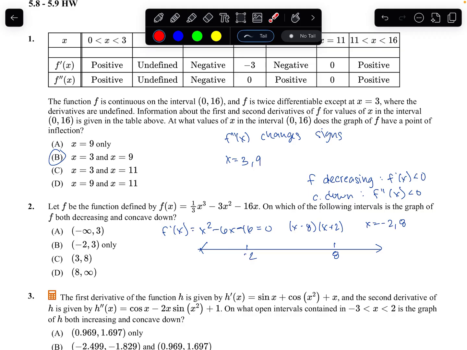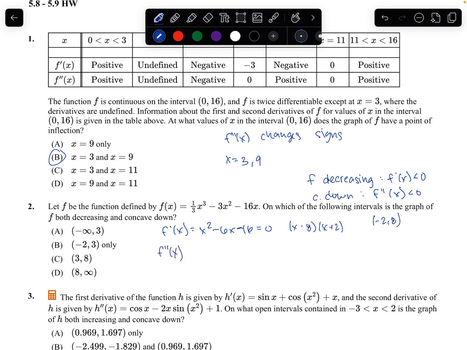It's maybe a little bit of an assumption because it could look like this right here where there could be shelves, but I'm just going to assume that there isn't. So I'm going to assume that it's decreasing from negative 2 to 8.